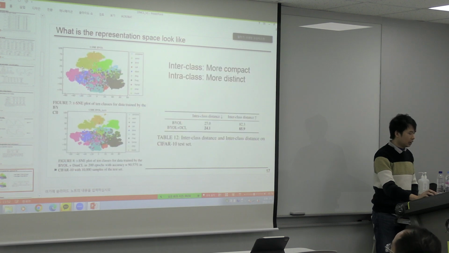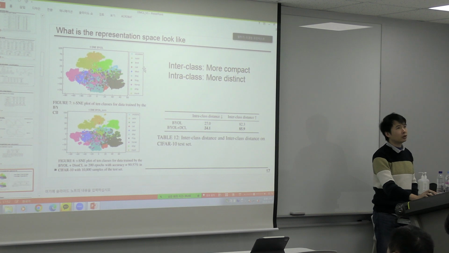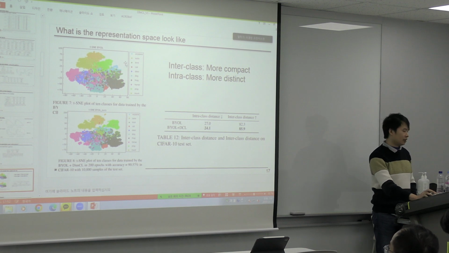And we can move on to some qualitative results. We can visualize our representation space using a technique like t-SNE to show the reviewers.